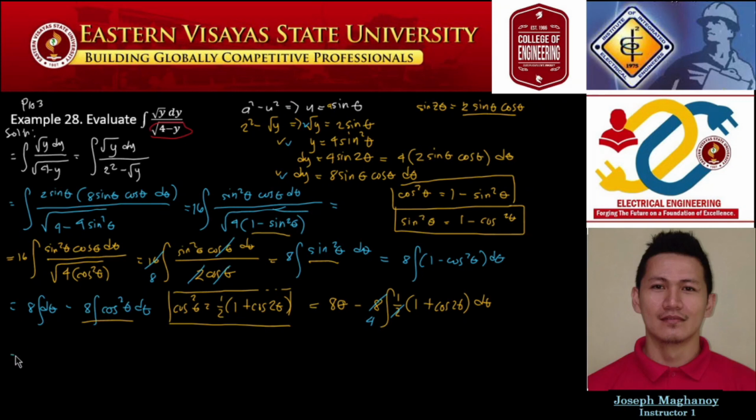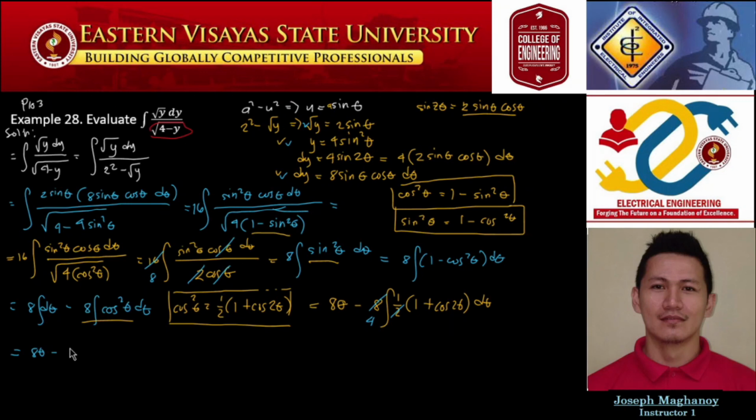Okay, moving on. That is 8 theta. So we can distribute our 4 inside the quantity 1 plus cosine 2 theta. So we distribute it right away.